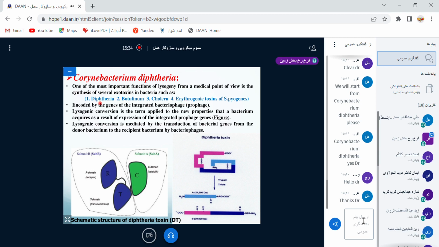So by this introduction, now we understand that Corynebacterium diphtheriae, by help of its friend, which is a lysogenic virus, can produce toxin. Encoded by the genes of the integrated bacteriophage, which we call a prophage, toxin production is possible.